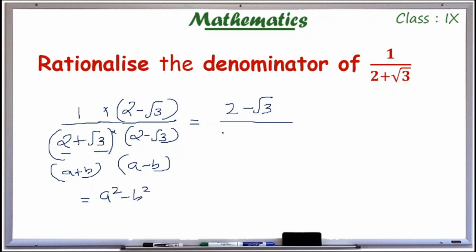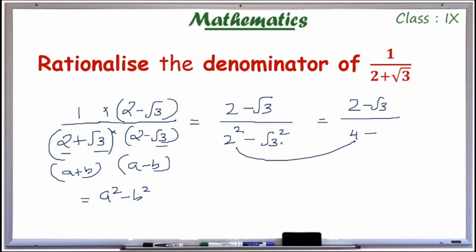So a square means 2 square minus b square. Here b is root 3 square. So 2 minus root 3 by 2 square, which is 4, minus root 3 square, which is 3. So 4 minus 3 is equal to 1, so 1 by 1.